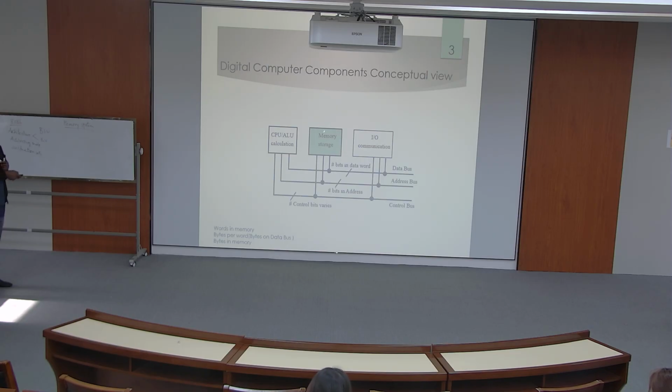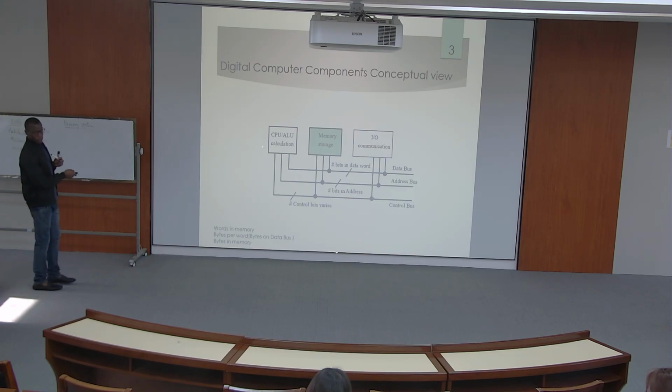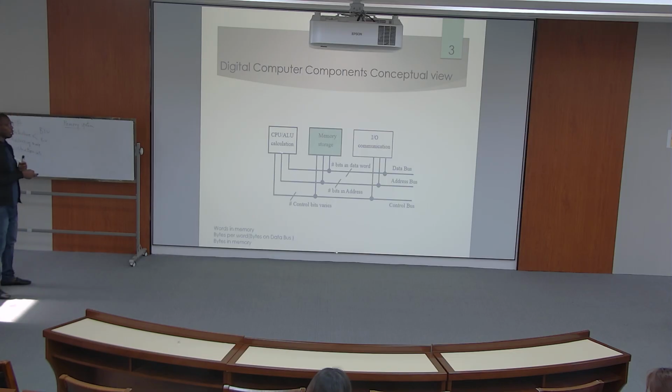That's why in this class the memory storage is highlighted, which means we're going to talk more about the memory, not the CPU. Then we have the next component, input-output devices.